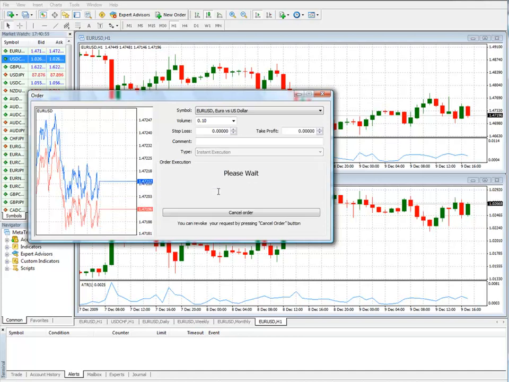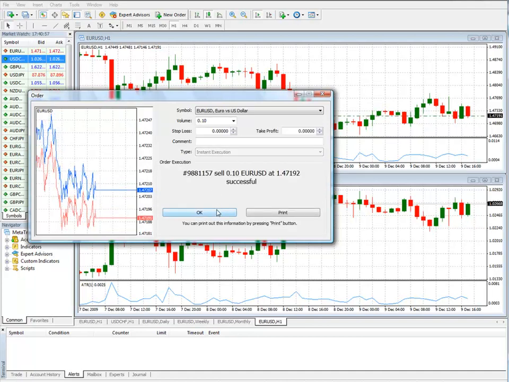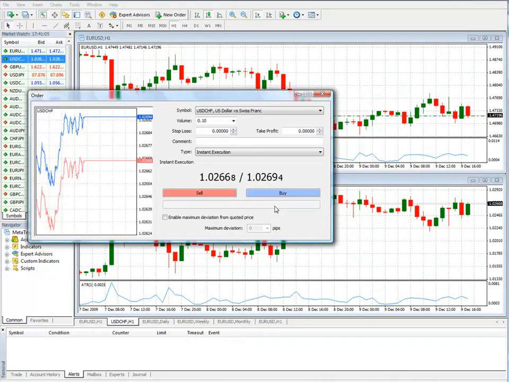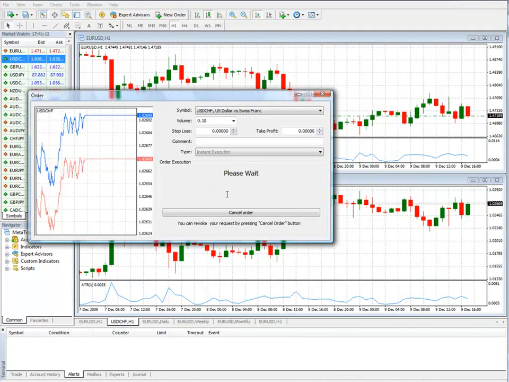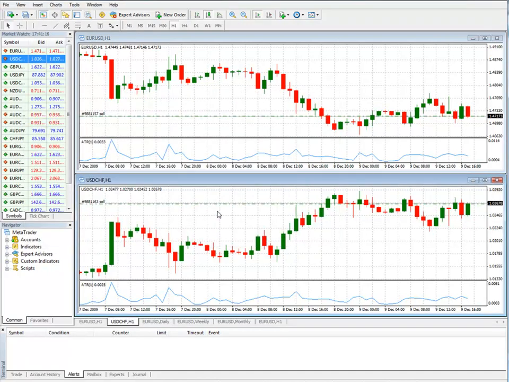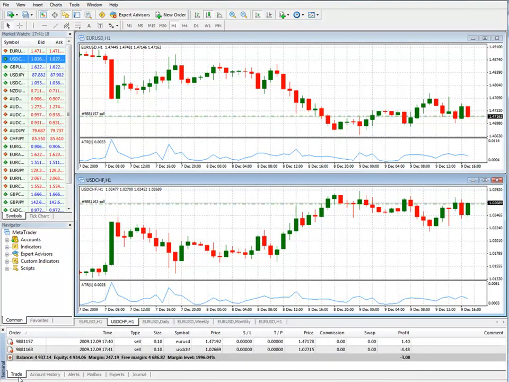There we go. I've sold that. Now what I'm going to do is I'm going to immediately go down here and I'm going to sell the US dollar Swiss franc. Okay, so sold that.